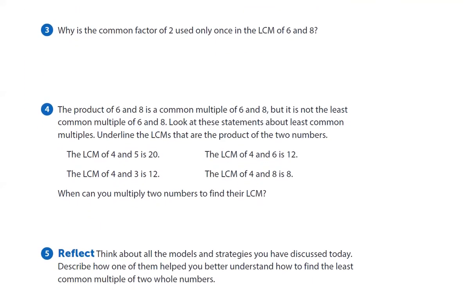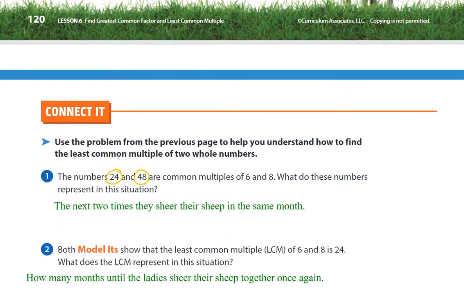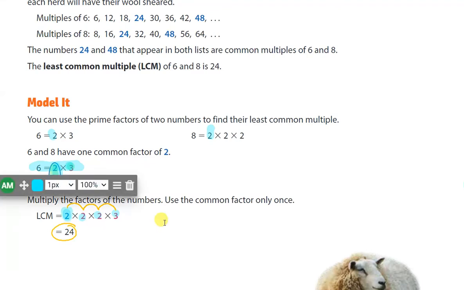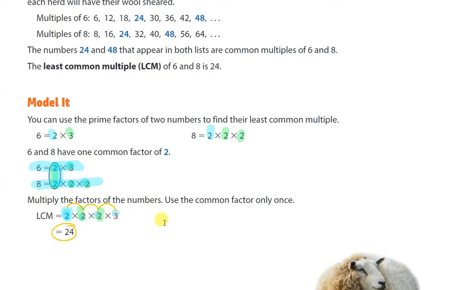Number 3, why is the common factor 2 used only once? So when we have the prime factorization of 6 and the prime factorization of 8, they have one 2 in common. So we only used it one time down here and then used each of the rest on their own.